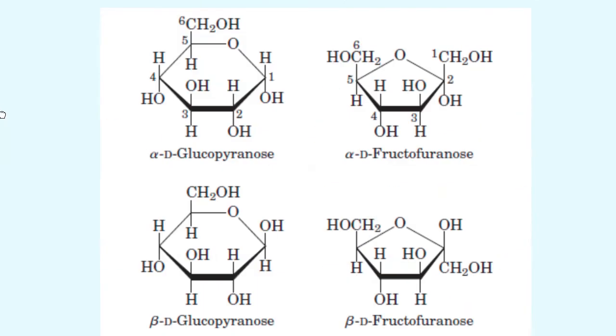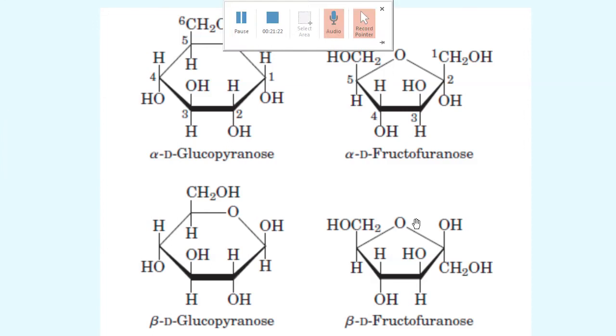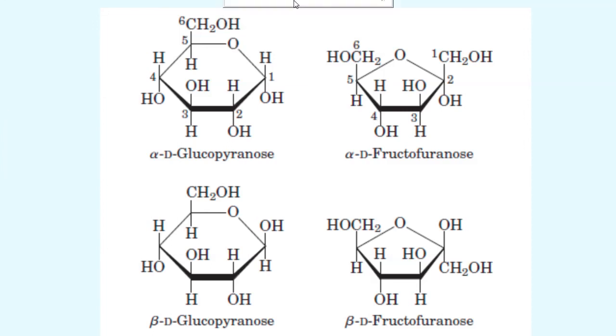Those sugars which form 5-cornered rings similar to furan are called furanoses. For example, ribose is an aldopentose. It forms a 5-cornered ring, so it is called ribofuranose. Although fructose is a hexose, it also forms a 5-cornered ring, so it is called fructofuranose.